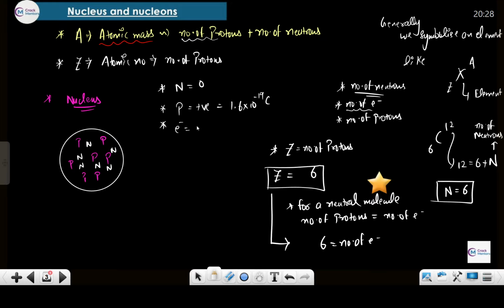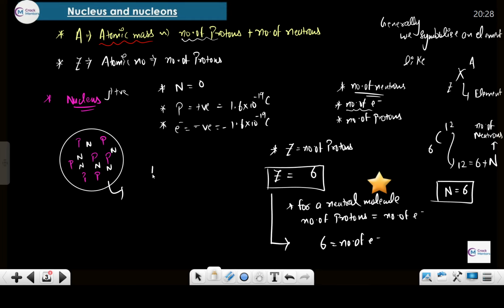The electron has a negative charge, minus 1.6 into 10 to the power minus 19 coulomb. Because the nucleus has protons with positive charge and neutrons with zero charge, the nucleus is totally positive, which is understood to us also.